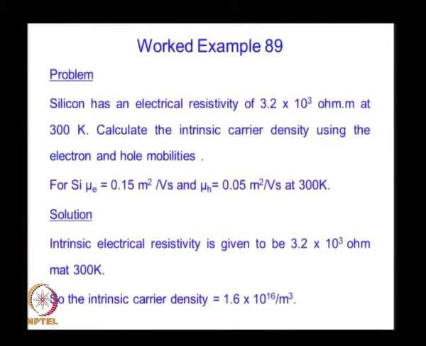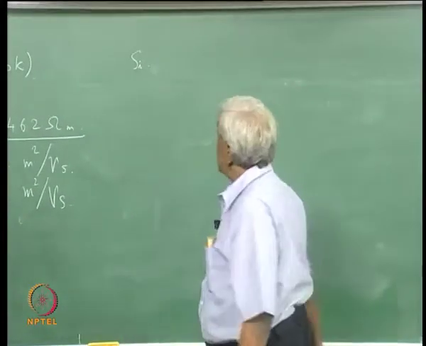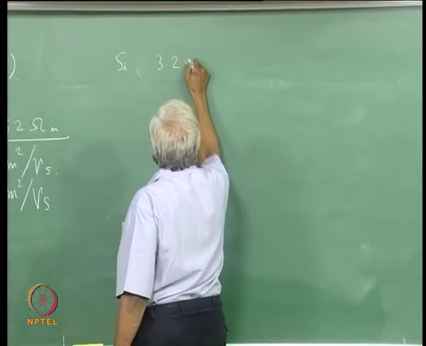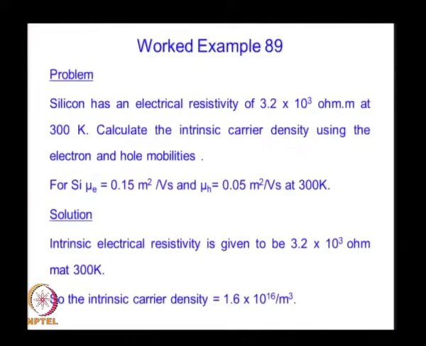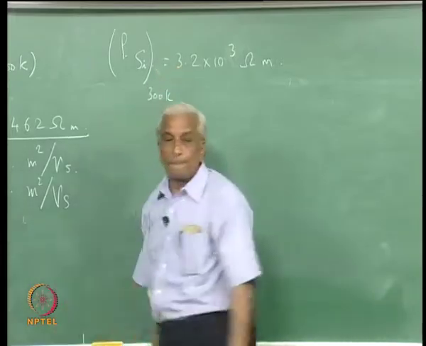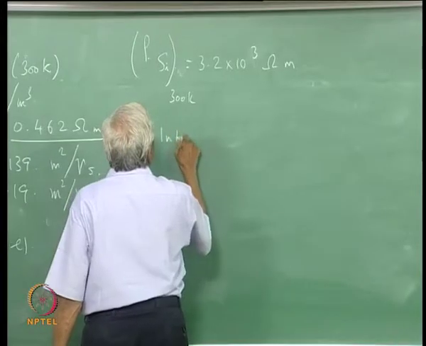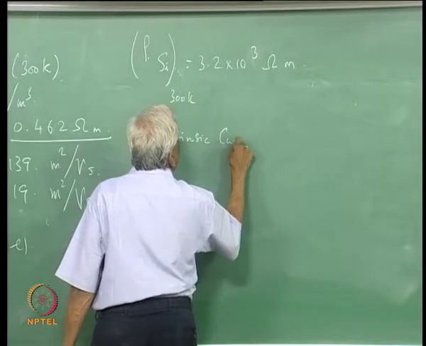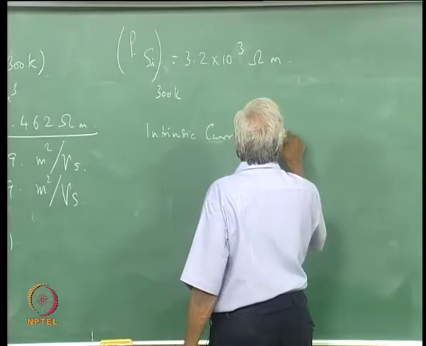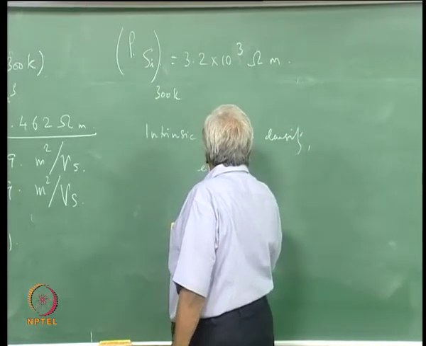We are then given a problem on silicon. Here it is the inverse problem, the resistivity is given at 300 K. So, we are asked to calculate the intrinsic carrier density, with the data on electron and hole mobility in silicon.